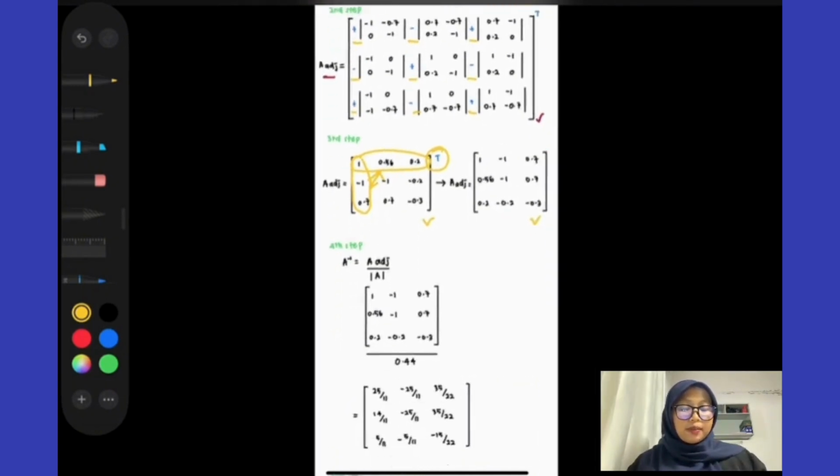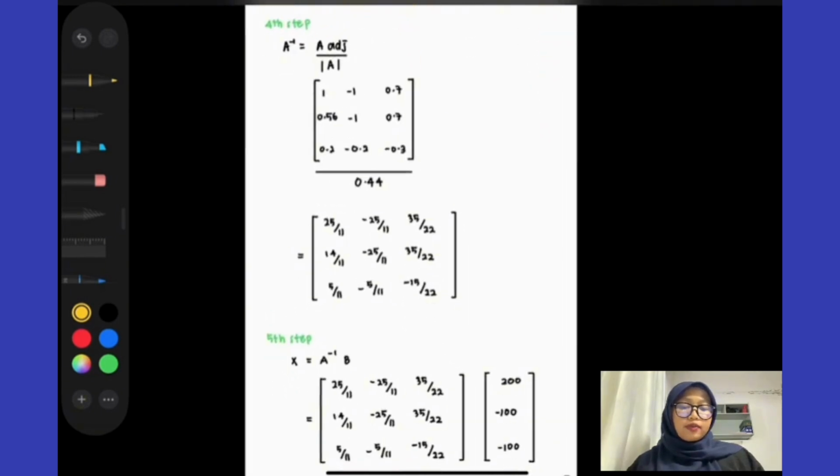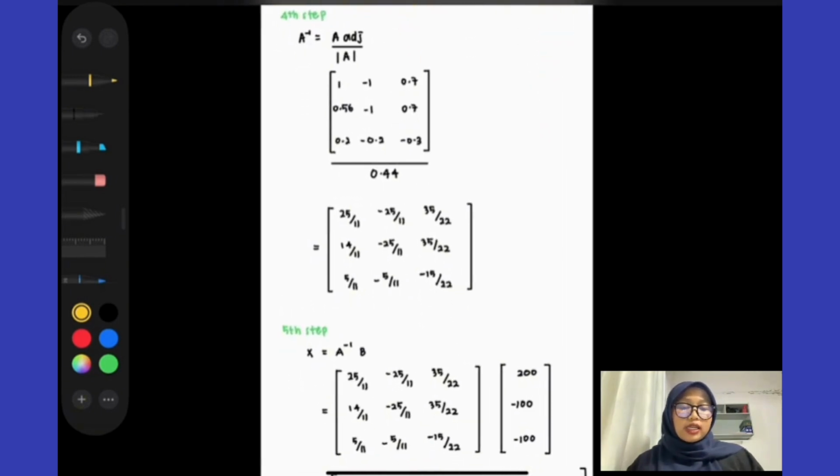For the fourth step, we will find A inverse, which is A adjoint divided by determinant of A. You have A adjoint and you have the determinant of A. Just divide it.